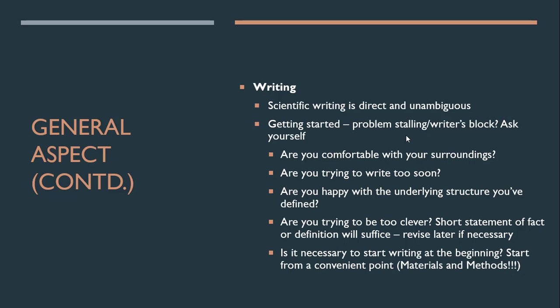Is the structure that you are putting in place actually correct for you to be able to write what you need to write? If you have put up a structure that is not well defined, then maybe that is what is causing the challenge. So make sure you look at the outlines that you have highlighted that you are going to follow.